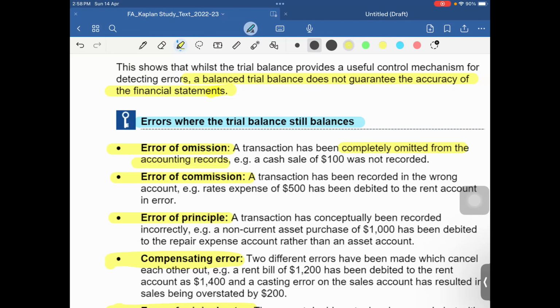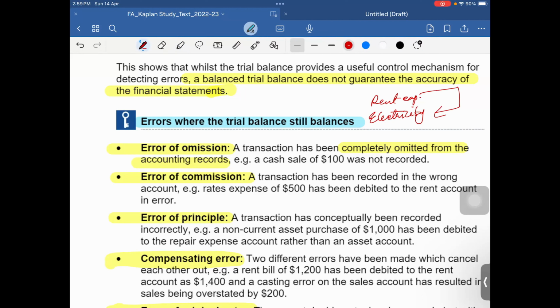The second type of error is error of commission. An error of commission is when you record something in the wrong account. For example, there was a rent expense and there are electricity charges, and you took the rent expense into the electricity charges account.